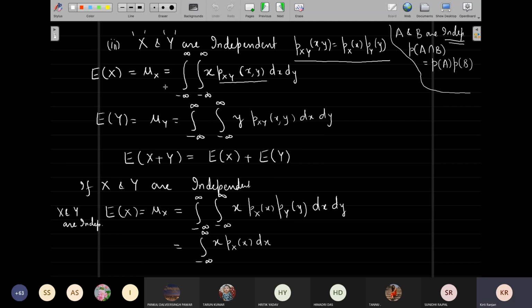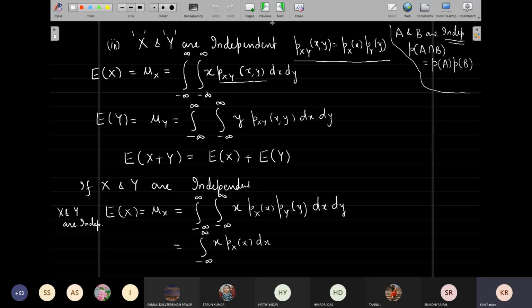Then we discussed certain things about X and Y being independent, the definition first, E[X] and E[Y]. I wrote that E[X+Y] can be written as E[X] plus E[Y], independent of whether X and Y are independent or not.